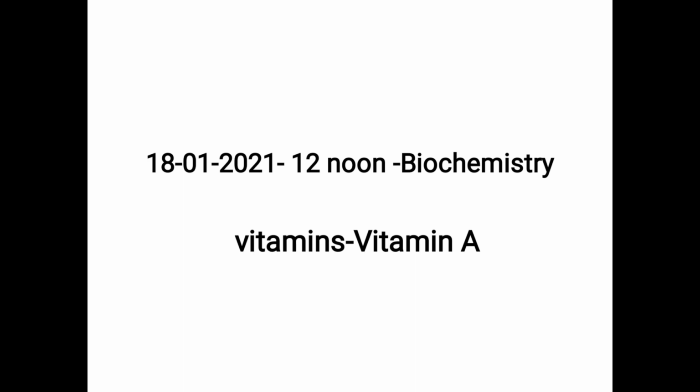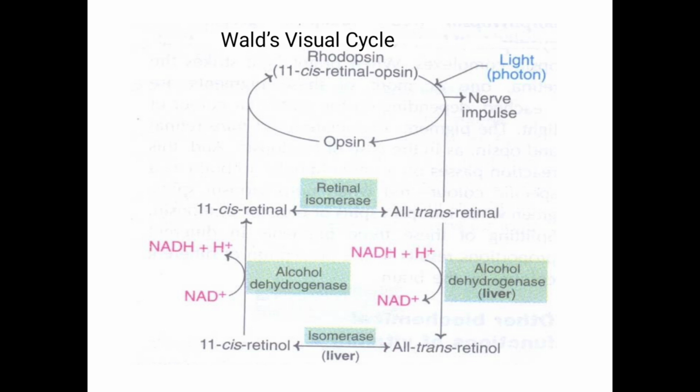So, rhodopsin, a conjugated protein present in the retina, is responsible for vision in dim light. You have already seen this cycle, the Wald visual cycle.